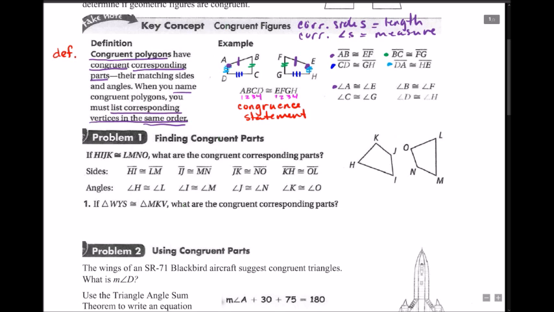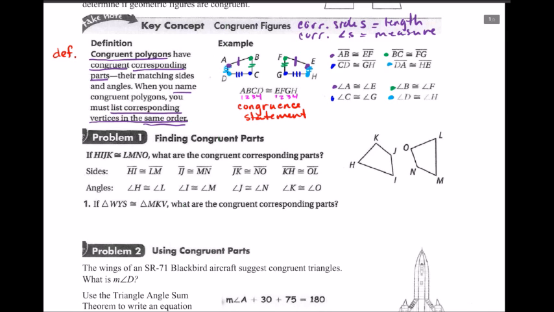And then position 2 is angle B and angle F. And you see how that identifies them but doesn't make it so messy. And then position 3 here is C and G, and position 4 here is angle D and angle H. So you can see how using color can be really helpful.